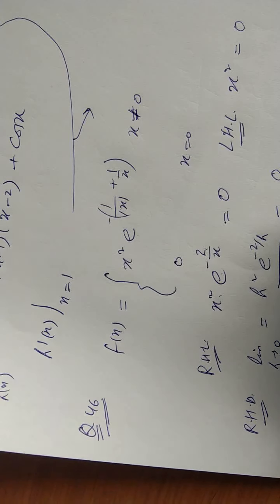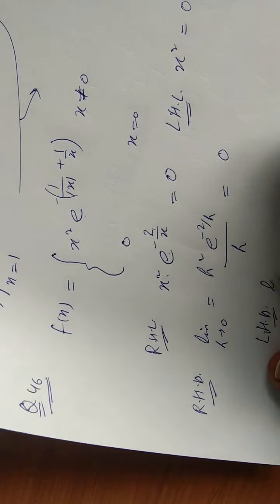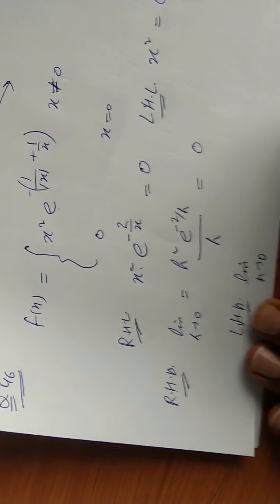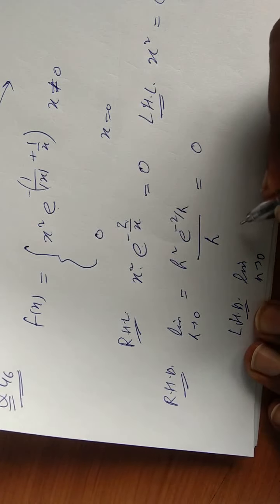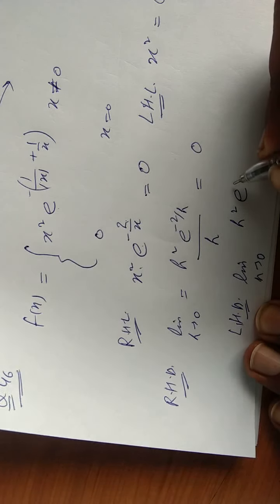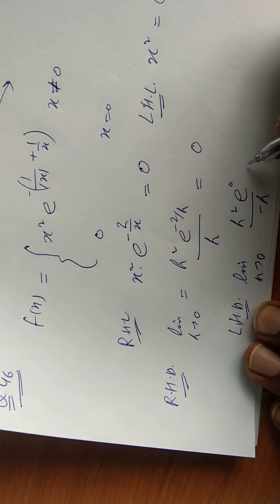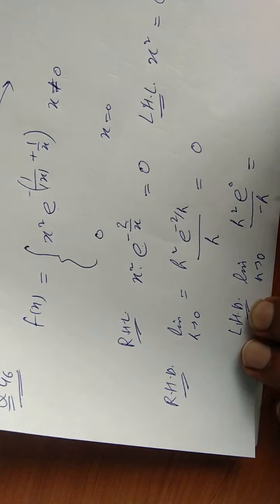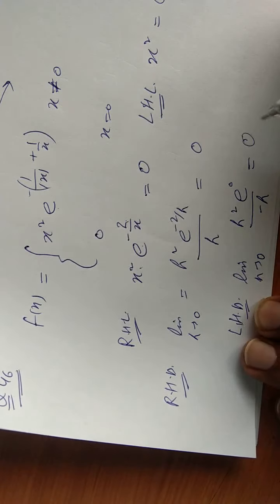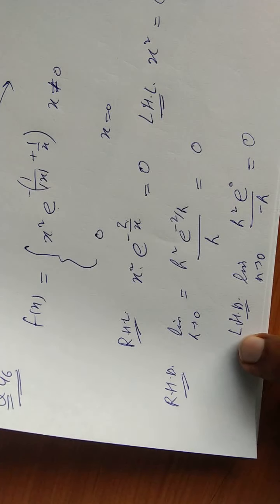Calculating LHD, this would be equal to limit h tends to 0 of h square into e to the power 0 upon minus h, and this will again lead to 0. So LHD is equal to RHD, hence the function is differentiable at x is equal to 0.